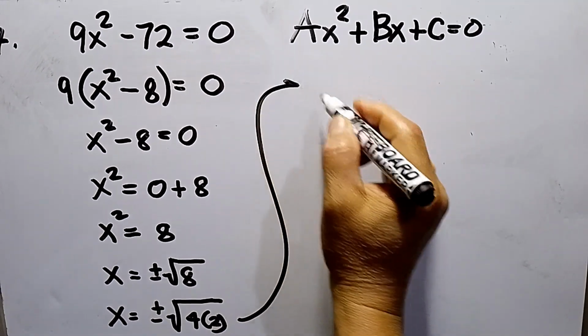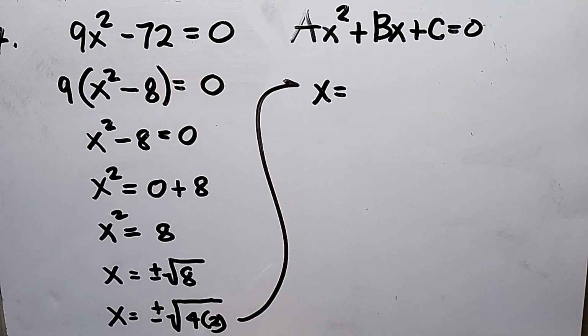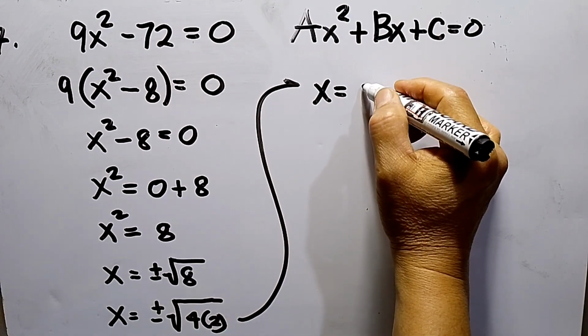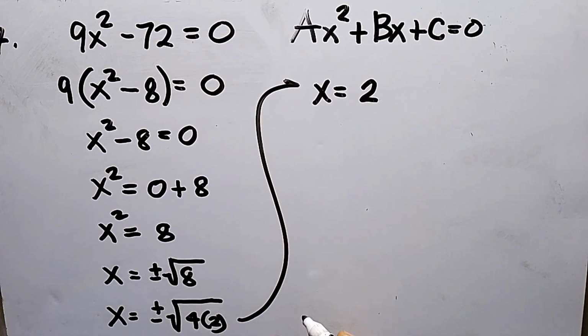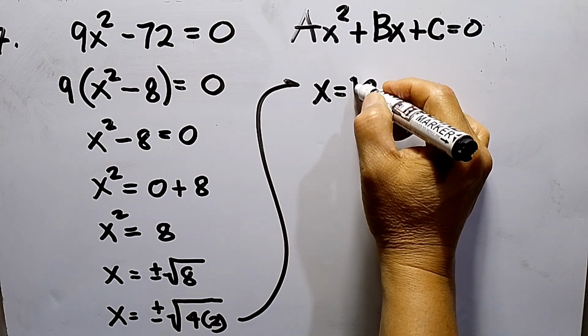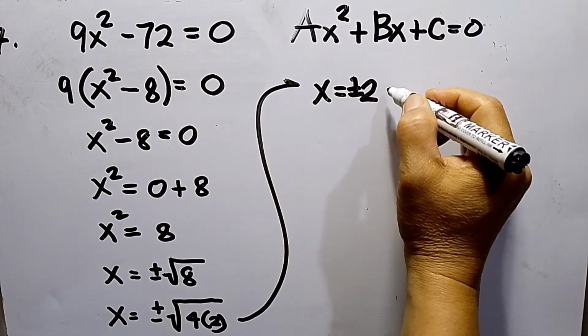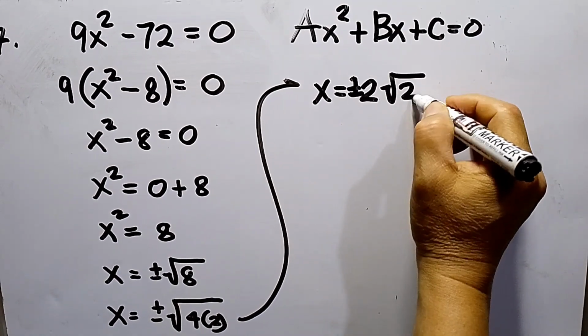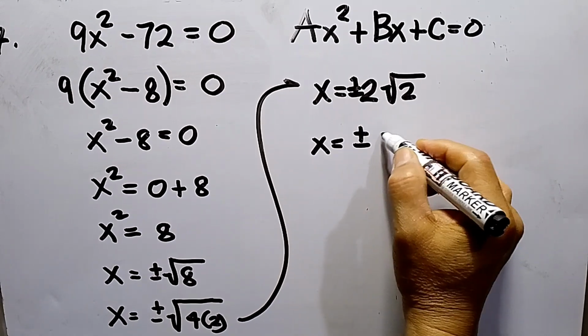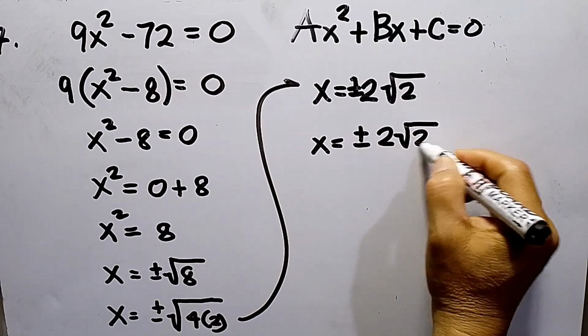So I can have x is equal to square root of 4, which is 2, plus and minus square root of 2. So I will write properly plus and minus 2 square root of 2.